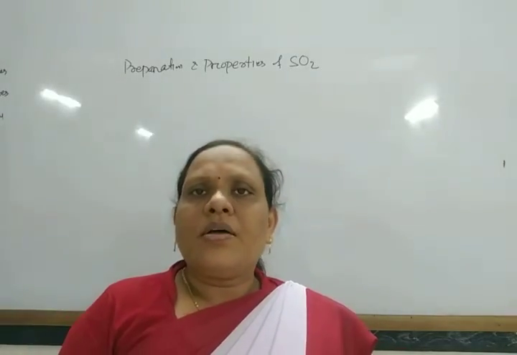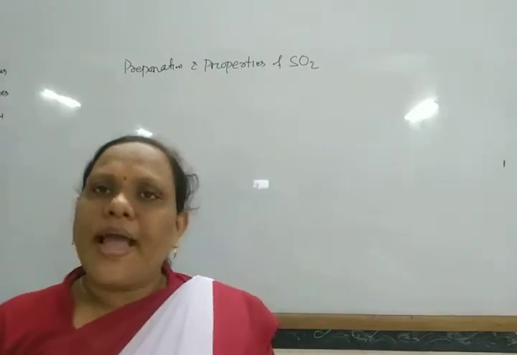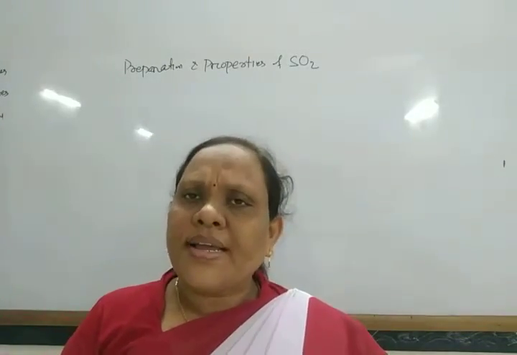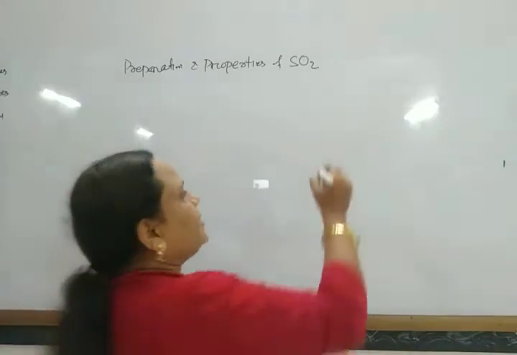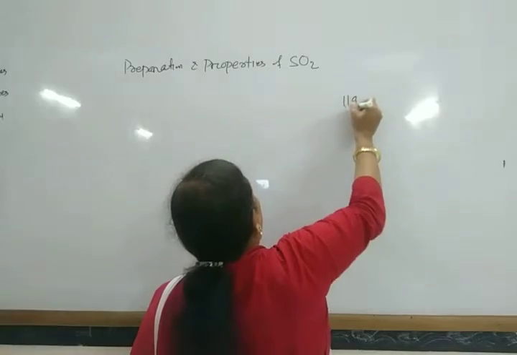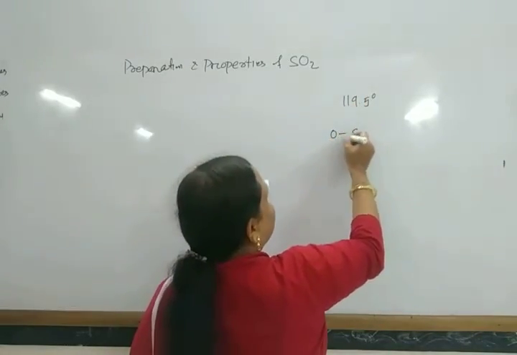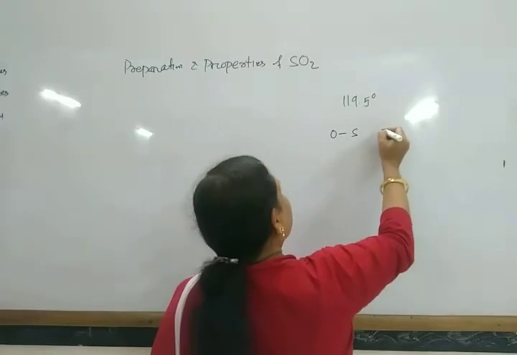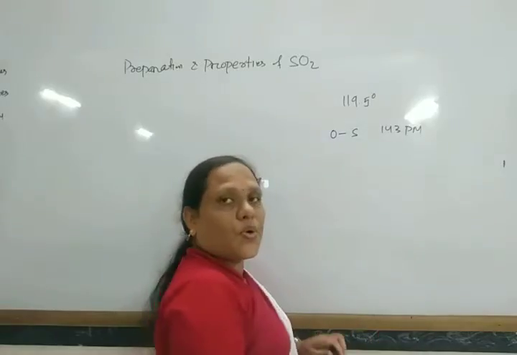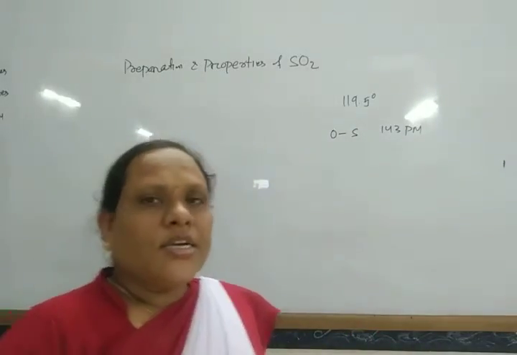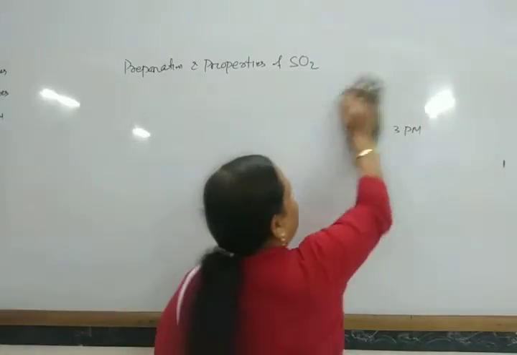In this way, the OSO bond is angular and its bond angle is nearly 120 degrees, that is 119.5 degrees, and the S-O bond length is nearly 143 picometer. Okay, so let us start with how sulfur dioxide is prepared.